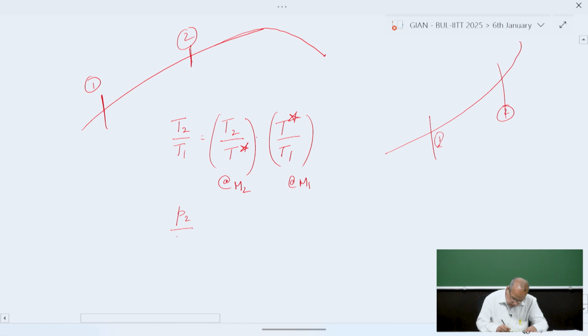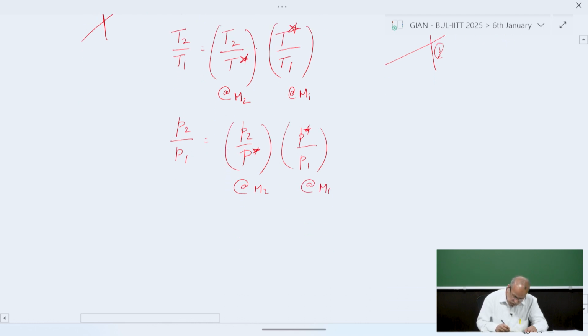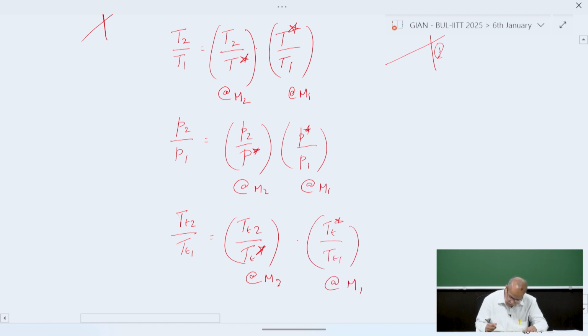So we can write here P2 by P1 is P2 by P star at M2 into P star by P1 at M1. Then I can write TT2 by TT1 is equal to TT2 by TT star at M2 into TT star by TT1 at M1.